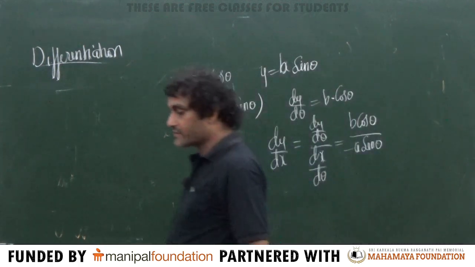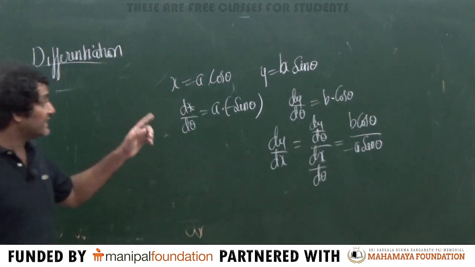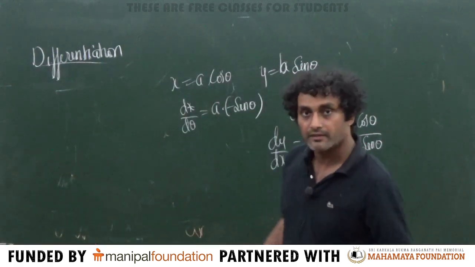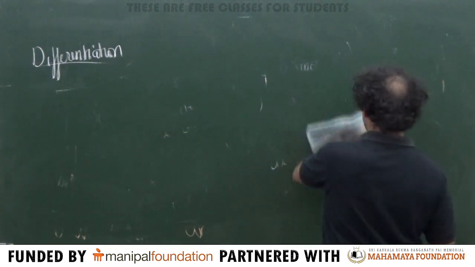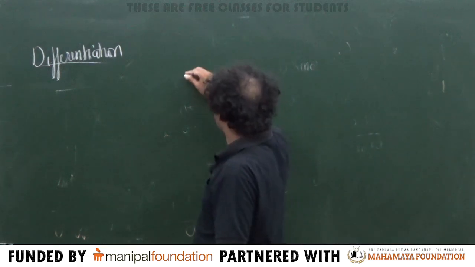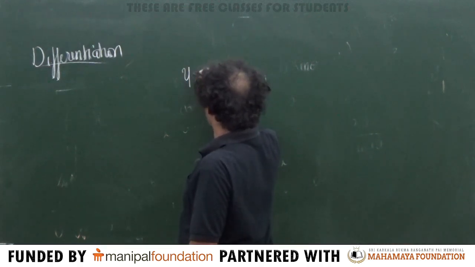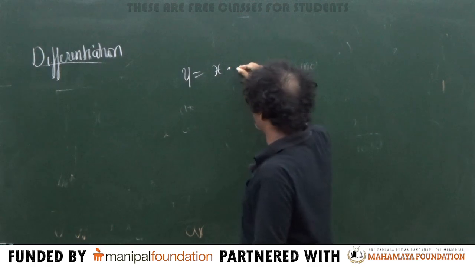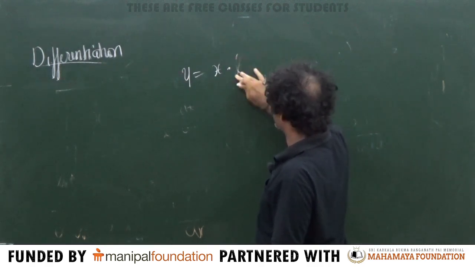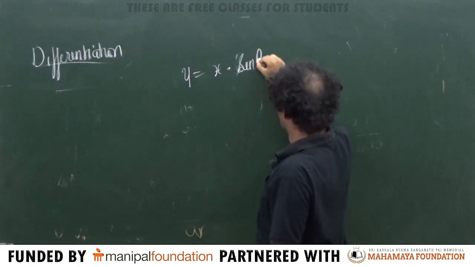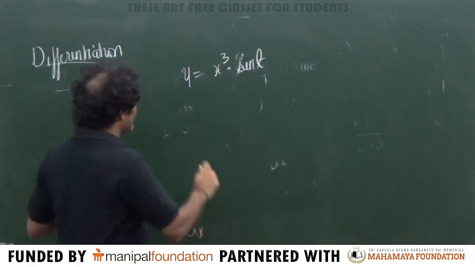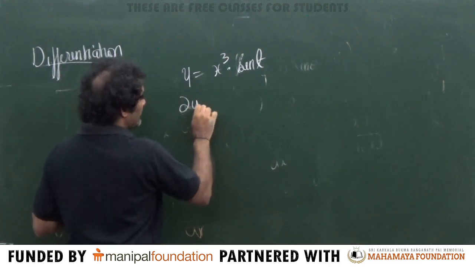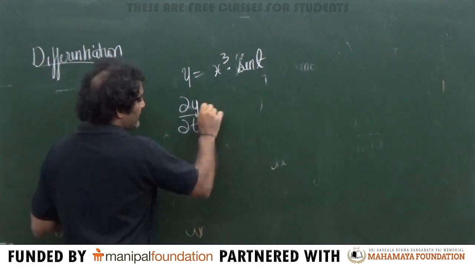Yeah, there's a small difference between d and dou. I'll show you what is dou. Suppose y equal to, I'll put two parameters, x cube and sin t. So if you do like this, see, a little cross, dou y by dou t.